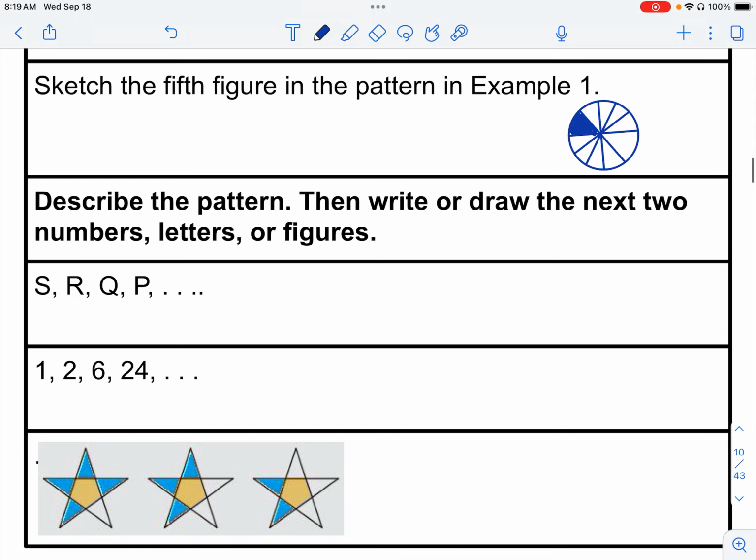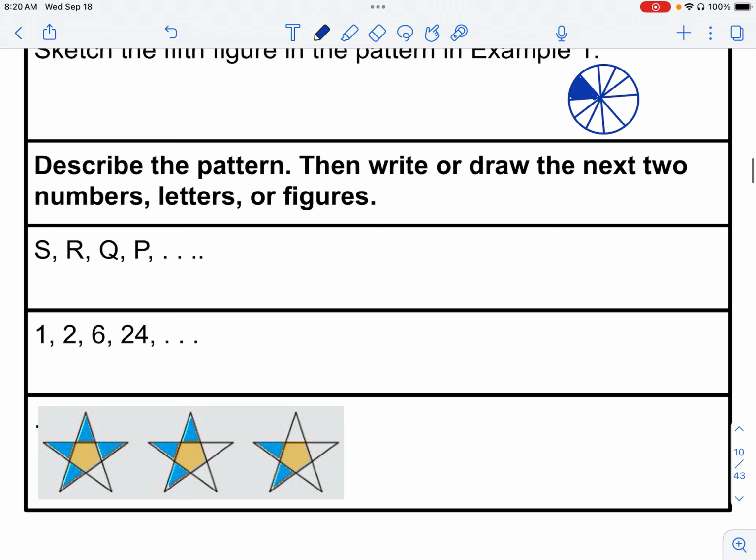All right, let's continue to work our inductive reasoning. So we're going to describe the pattern, and then we're going to write or draw the next 2 numbers or letters or figures. So S, R, Q, P. Well, if we went P, Q, R, S, that's alphabetic order.